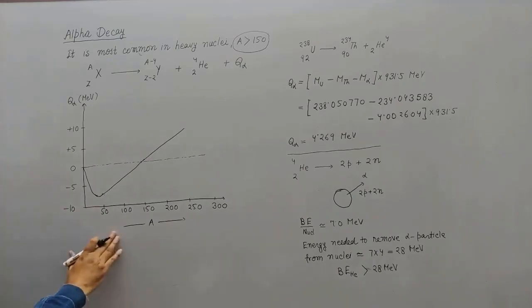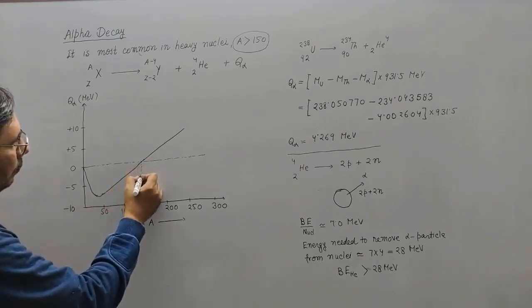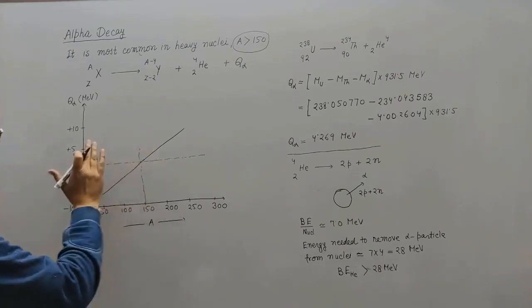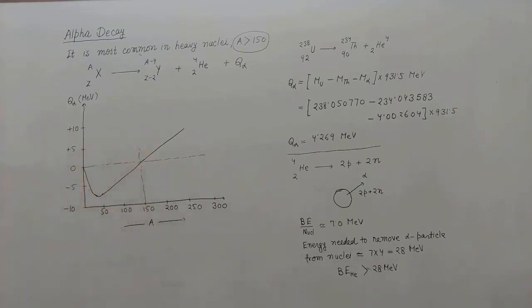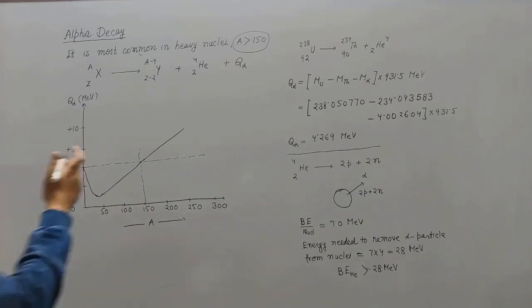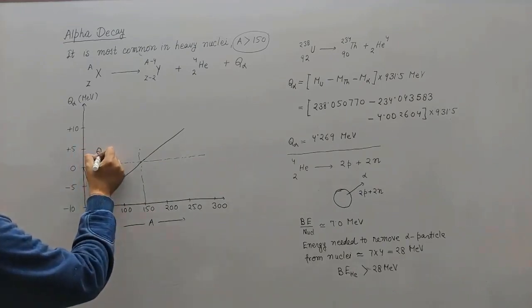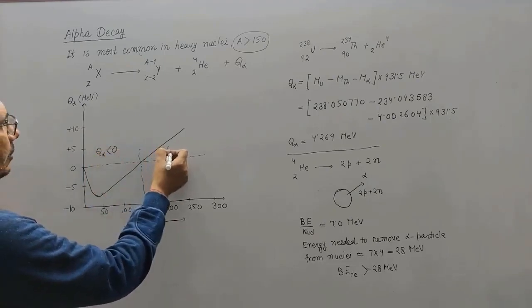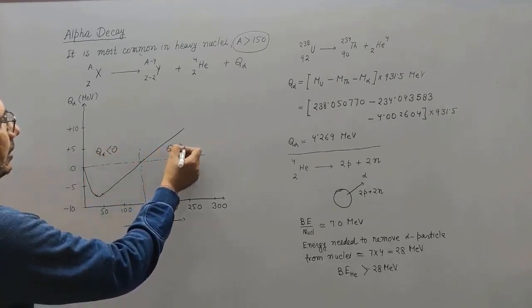So from here, you can observe that up to a number roughly 150, this Q value is negative. In this regime, the Q value of alpha decay is less than 0, and here this Q value is greater than 0.